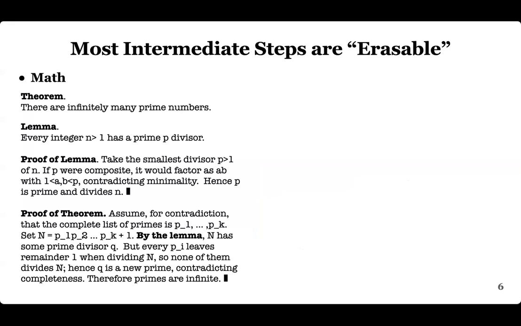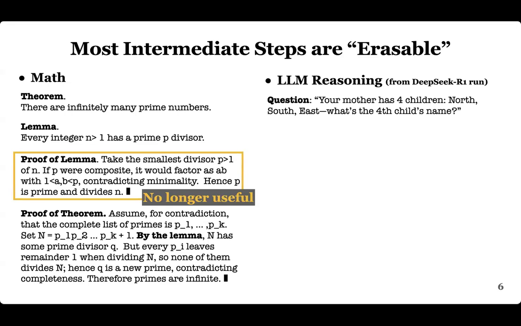To prove this theorem, we might prove the lemma first. And when we know that this lemma is correct, we no longer need the proof of this lemma. We only need to use the lemma itself. So in this situation, we can just erase the proof, since it is no longer useful for the following reasoning process.